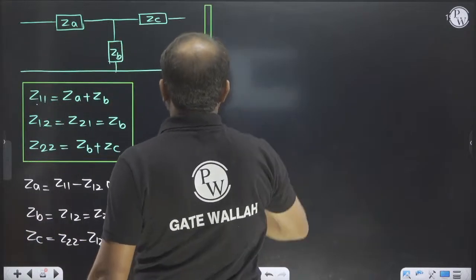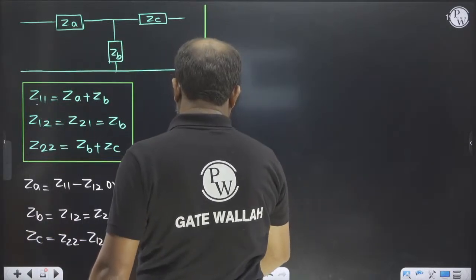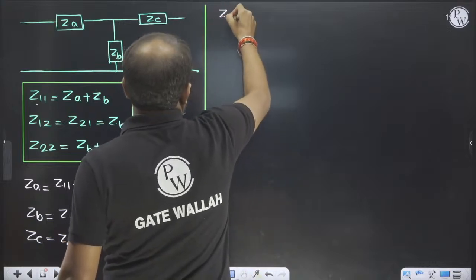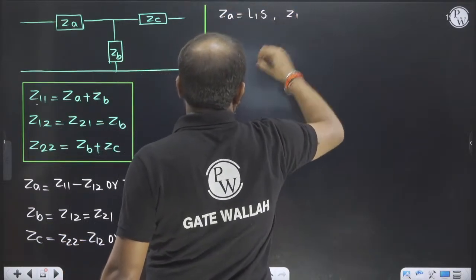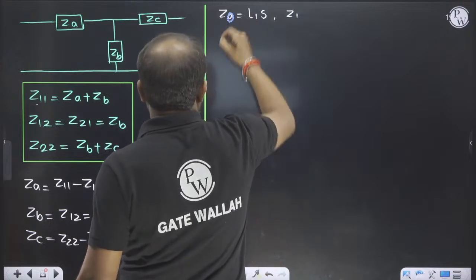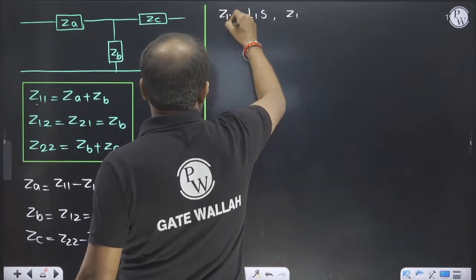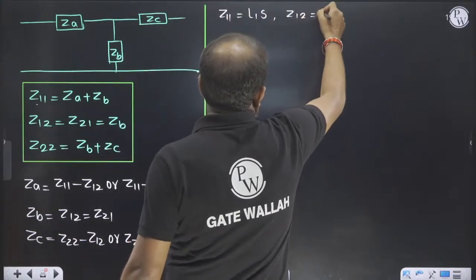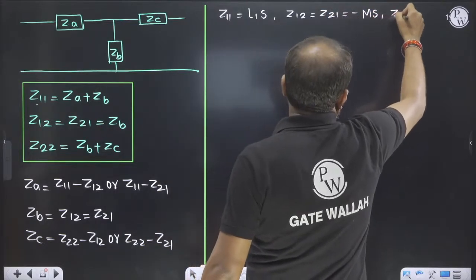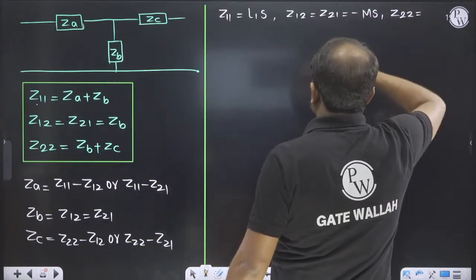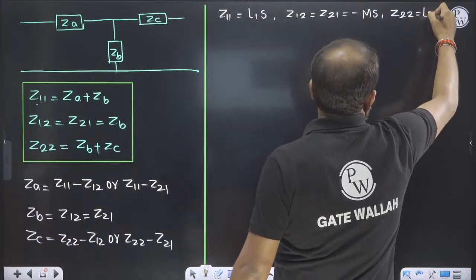As we know, Z11 is L1s, Z12 or Z21 is minus Ms, and Z22 is L2s.